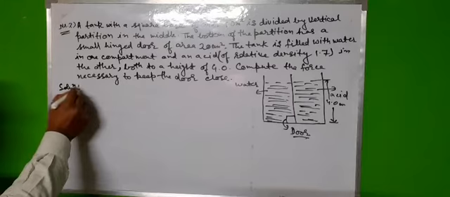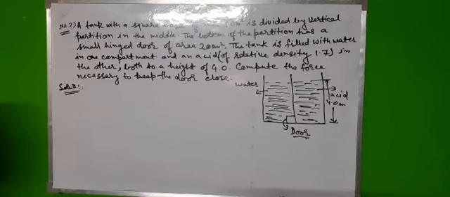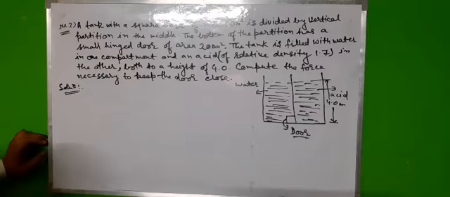So dear students, first of all, we have to find out what is given, that is height of water and acid. It is given 4 centimeter. You know density of water and density of acid.